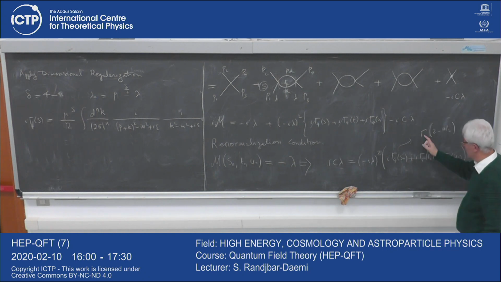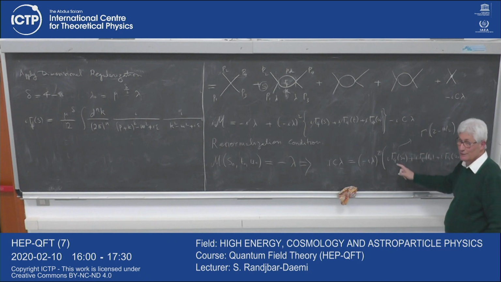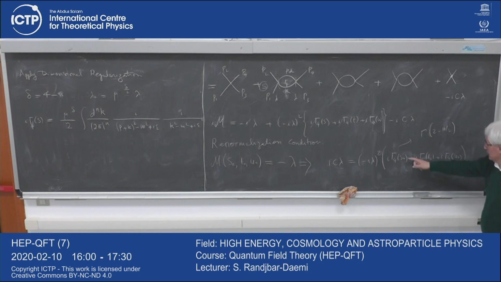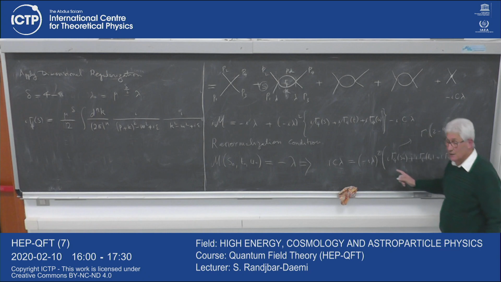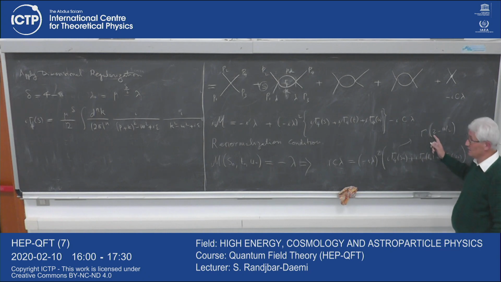I'm sorry that I'm using gamma for both this and that, but it's clear. Each term will have a gamma of 2 minus n over 2. So as n goes to 4, this will be gamma of 0, and we know that this has a simple pole at the origin. So C will depend on the cutoff. Here the cutoff is delta.